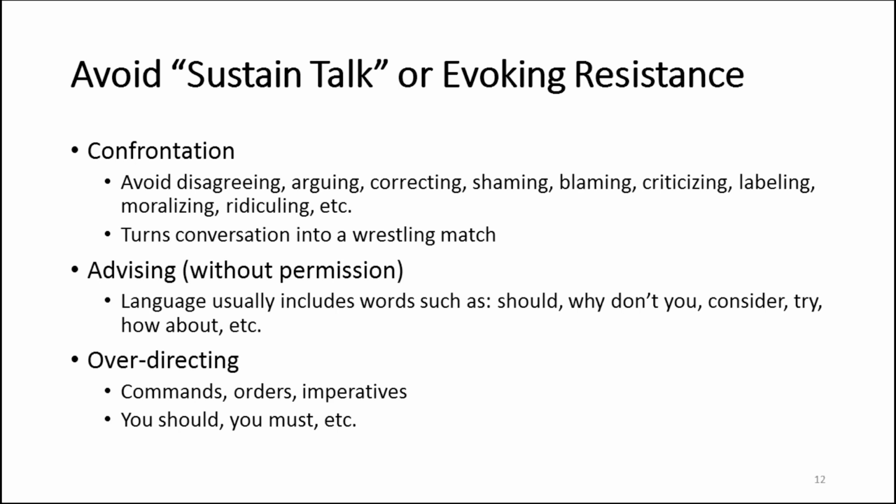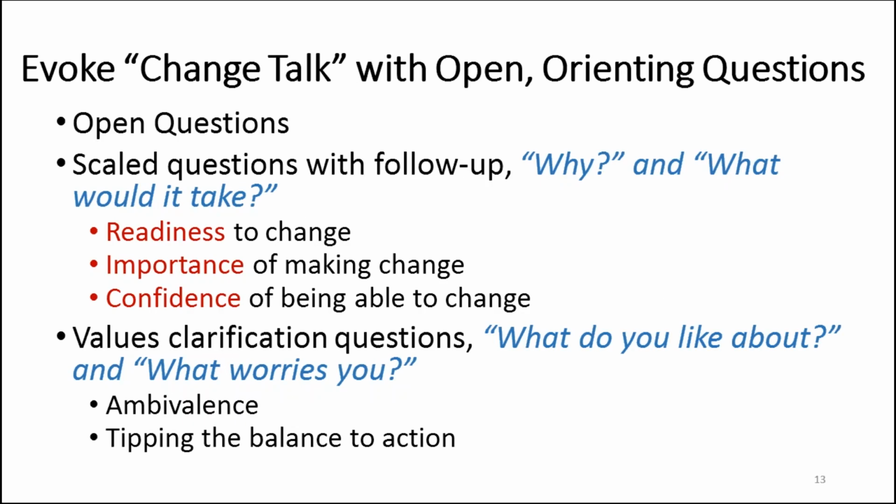As already said, advising without permission usually comes across as directive and stimulates resistance. And lastly, over-directing, giving commands and orders or imperatives. You should do this, you must do this, again, are ways of evoking resistance.